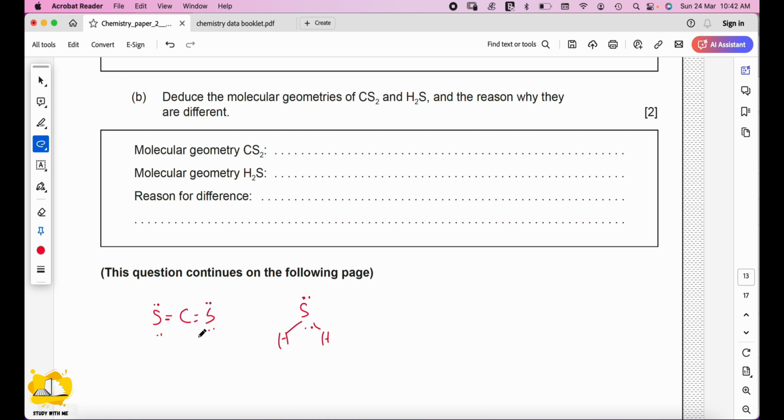So this is definitely linear, and this is bent or V shape. Be careful, this is not trigonal planar because it has a lone pair. So the difference is H2S has two lone pairs.